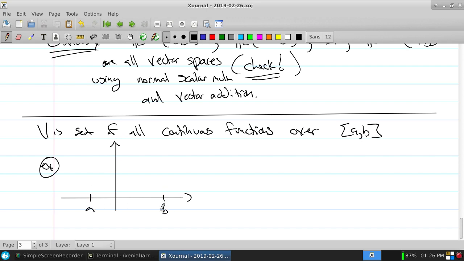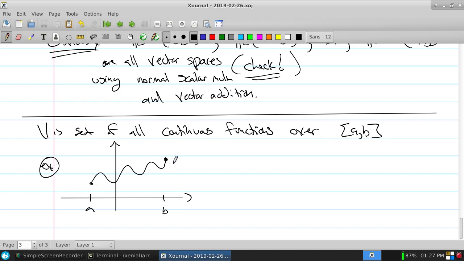There's A, there's B. What's a continuous function? What's a layman's definition for a continuous function? You put your pencil down, and you're not allowed to pick it up until you get to the other side. It's continuous. No holes, no jumps. Has to be a function, so I don't get to do that. All right? Doesn't pass the vertical line test. That's bad. So that is a continuous function.